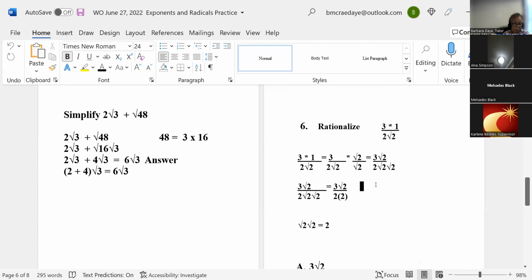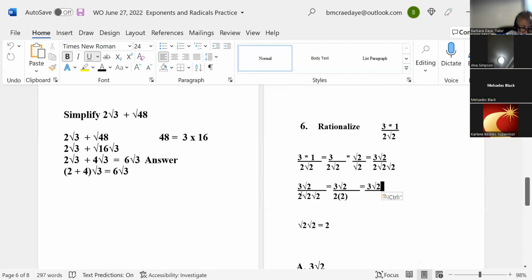That's equal to 3 times square root of 2, let's just copy that, 3 times square root of 2 over 4. It sounded like you were saying 3 twos. That's why I wrote it here: 2 times square root of 2 times square root of 2, right here.